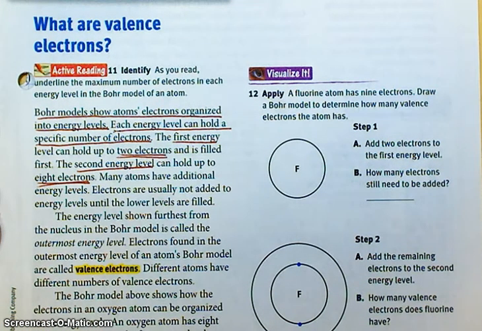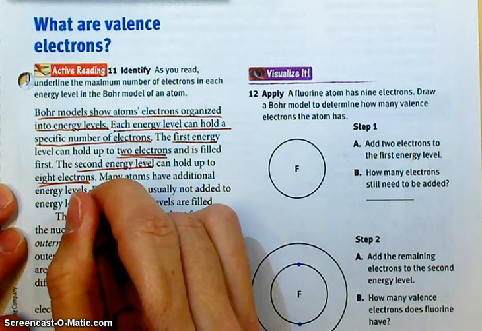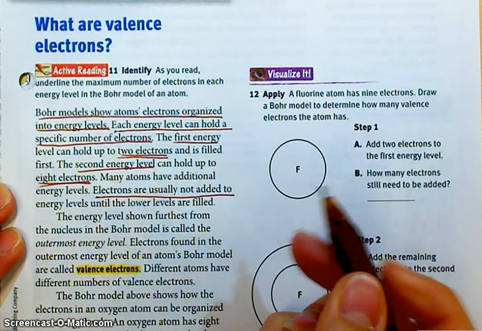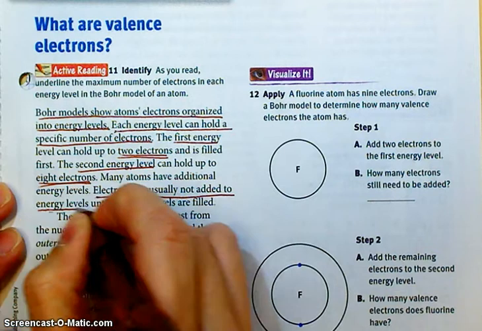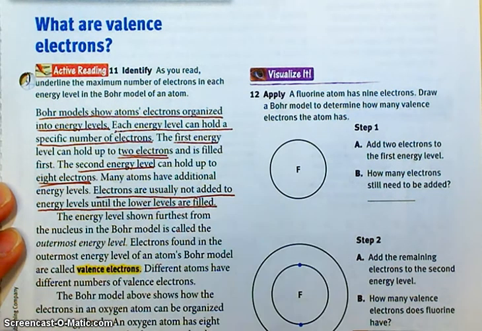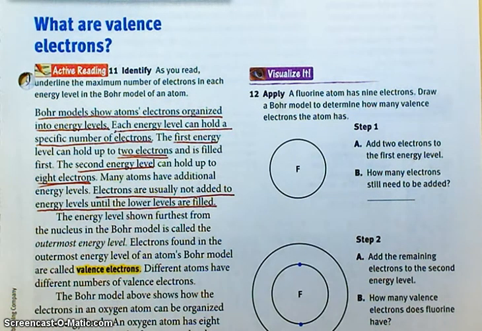And you need to realize, I think you already do, that electrons are usually not added to additional energy levels until the lower levels are full. So you have to fill the first to begin on the second. You have to fill the second to begin on the third. Does everyone understand that? Yes or no? Oh, they're so quiet. Okay.